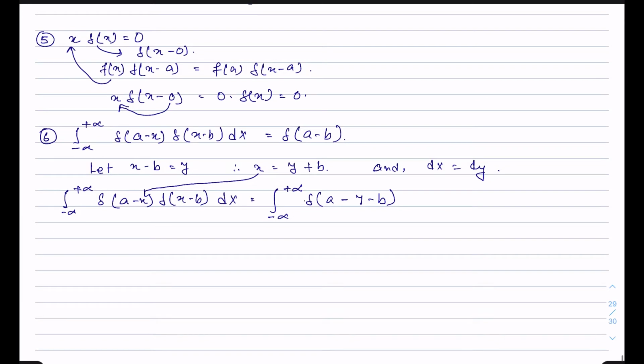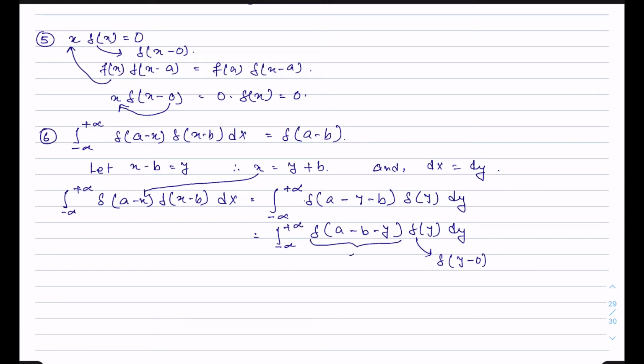The second factor will be delta(y) dy. So it is equal to the integral from minus infinity to plus infinity of delta(a minus b minus y) delta(y) dy. But this delta function is defined at y equals 0. So again, if you consider this delta function as another function, say f(y), then you have to put this 0 in its argument, so it becomes delta(a minus b).